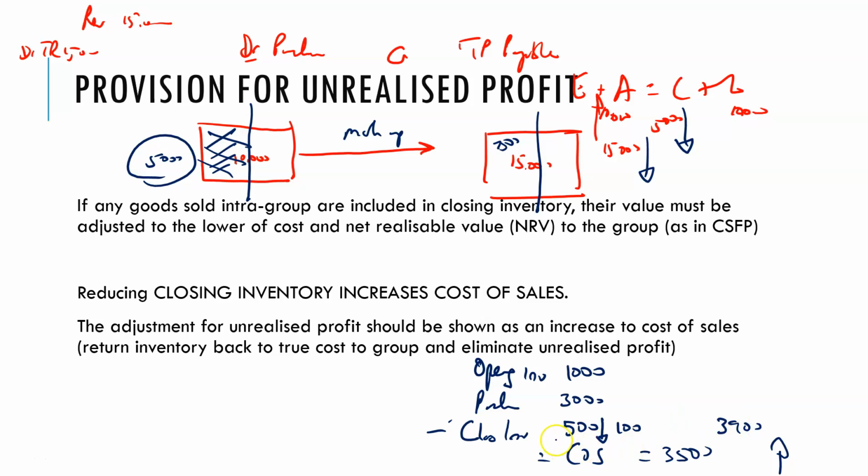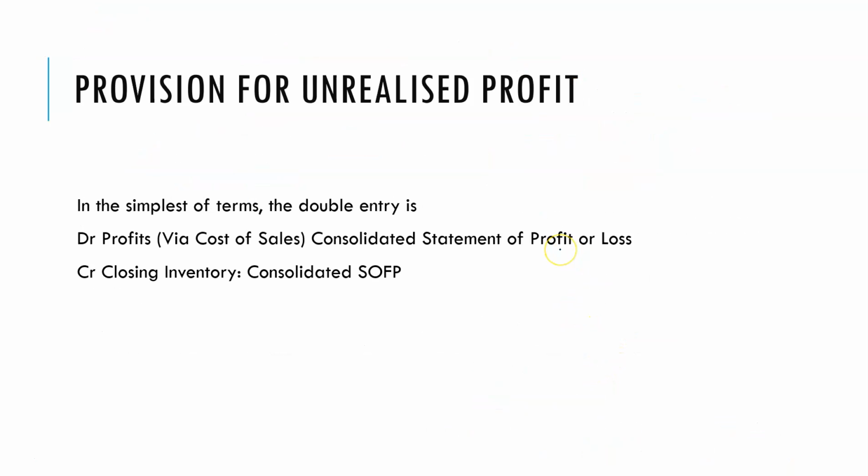So anything that affects my closing inventory indirectly affects my cost of sales. There's an inverse movement. Whenever we drop the closing inventory by crediting it, we are in effect increasing the value of the cost of sales. That's why, if you look at the presentation, you see them adding on this PUP to cost of sales, because in effect you're reducing closing inventory but increasing cost of sales.